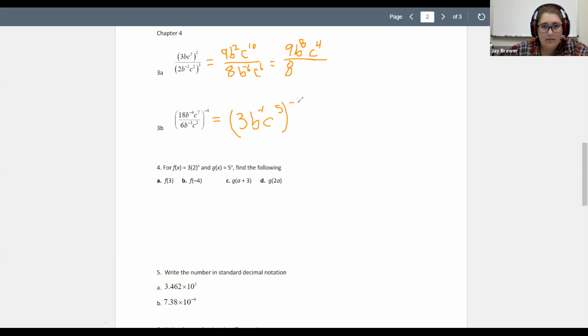Everything raised to the negative 4. Okay. Now, because you guys seem to be getting the handle on all of this, I am just going to skip a couple steps. 3 to the negative 4th, we're going to move it to the bottom, so it'll be 3 to the 4th. 3 to the 4th is 81.